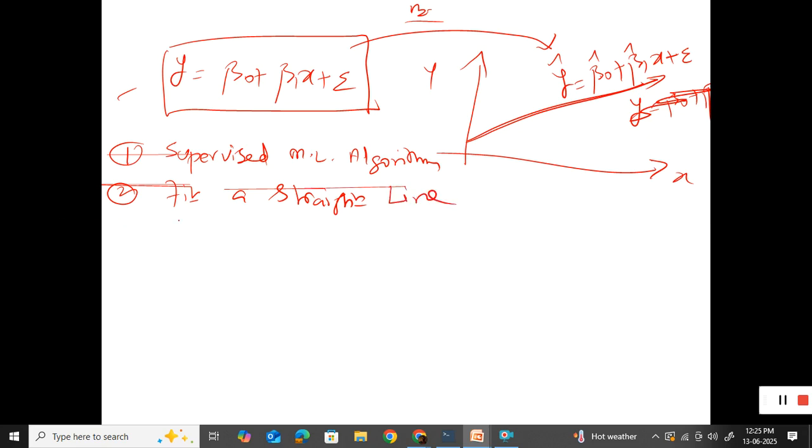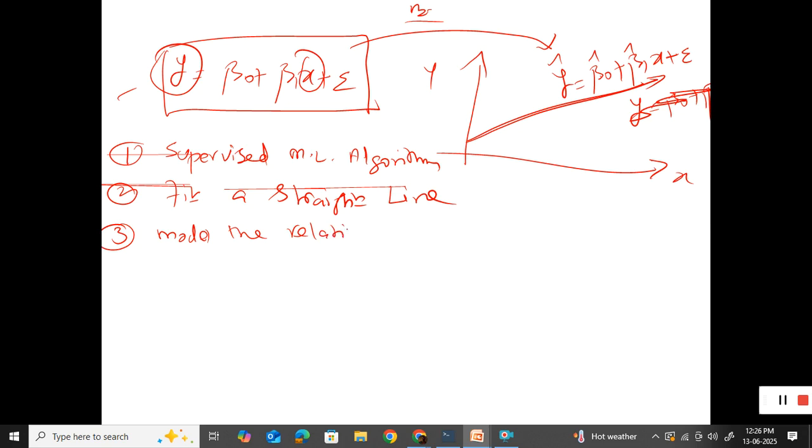So why do we need to fit a straight line? What does it say exactly? Using the linear regression, you can model the relationship between the independent variable and the dependent variable.